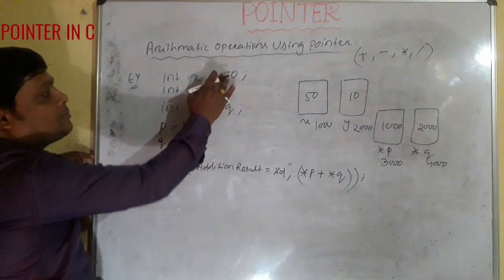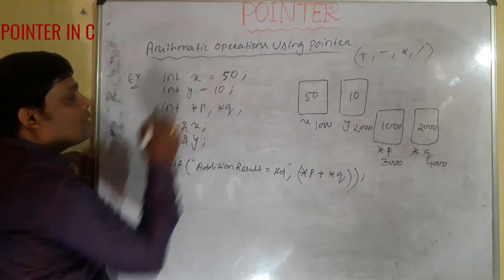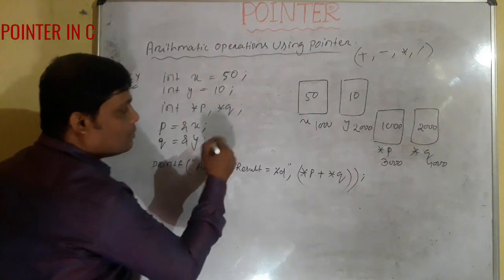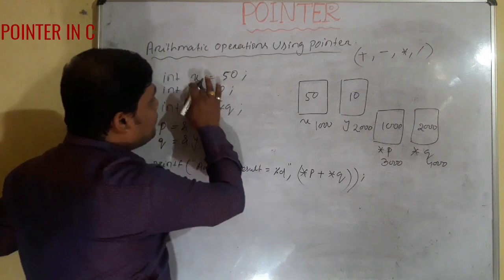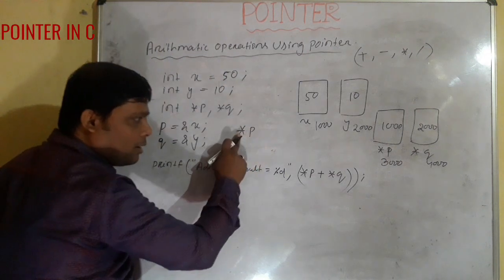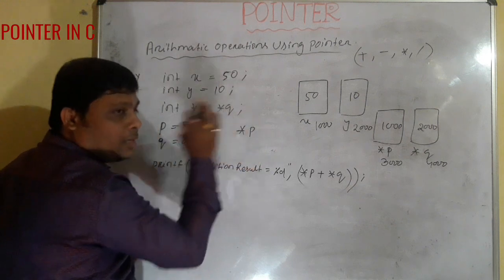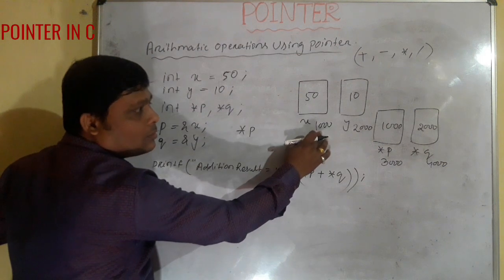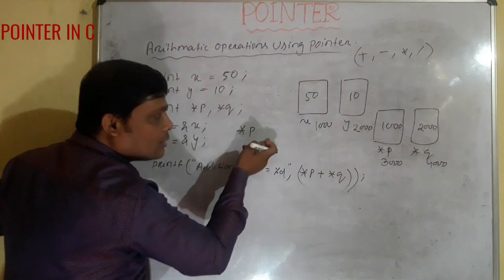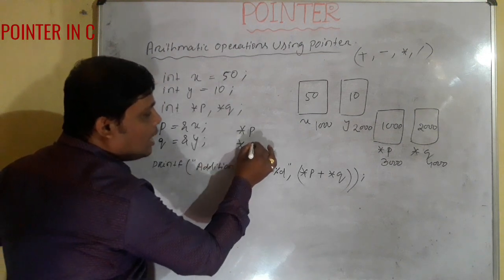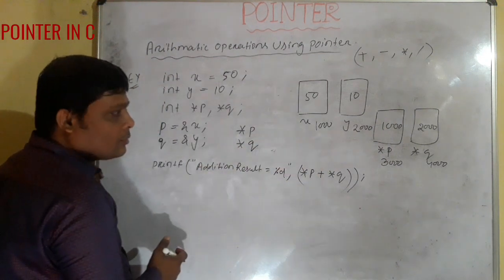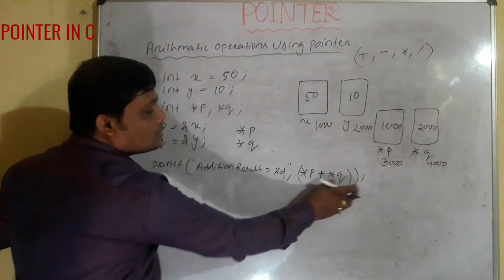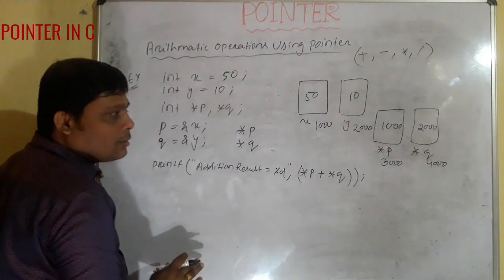Because I want to add the values of x and y. How will I access the value of x? I have already discussed in the previous video. To find out the value of x, we have star, meaning value at p. Value at p, that is 50. P contains the address 1000, then value at 1000. Same as value at 2000. So using star p and star q, we can do the arithmetic operations on x and y.